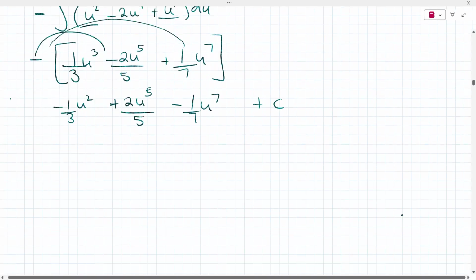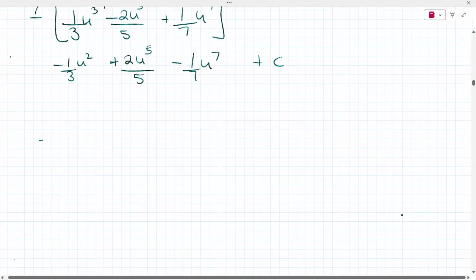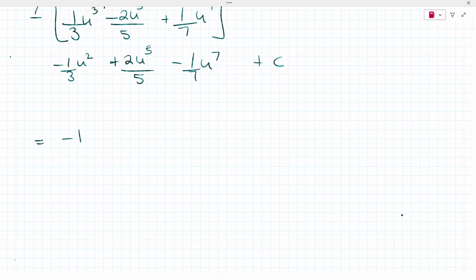And then the last step is replace. We said that our u was cosine of x, so you may replace your u with cosine of x. So it's negative 1 cosine cubed of x over 3.